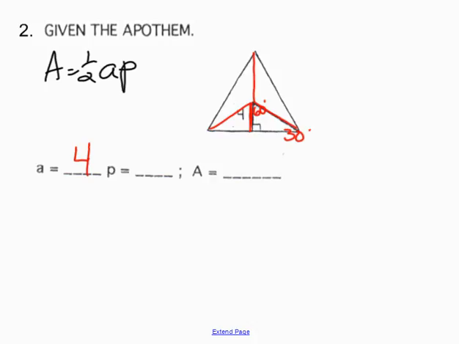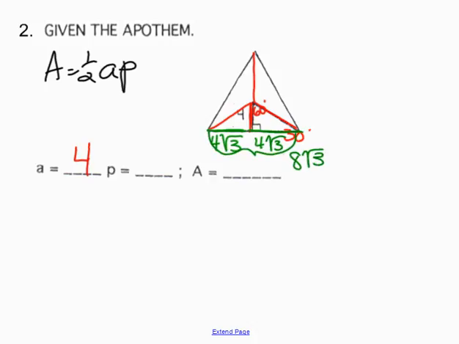But we can figure out what this length is right here by using our 30, 60, 90 rules. So we know that to get to the long leg of the triangle, we need to multiply by radical 3. So this is going to be 4 radical 3. Well, this is also 4 radical 3 because it's the other side of that. So the entire side is 8 radical 3.